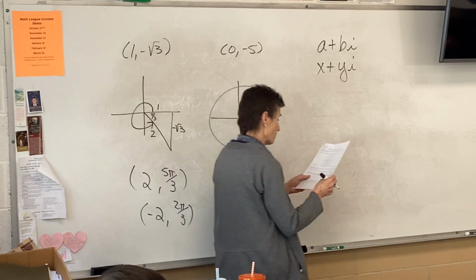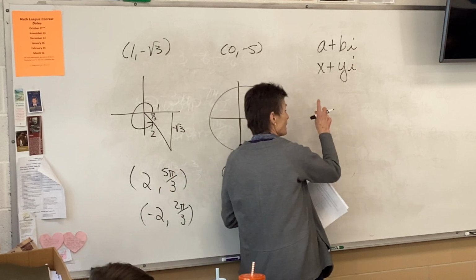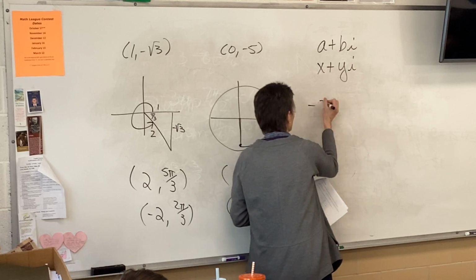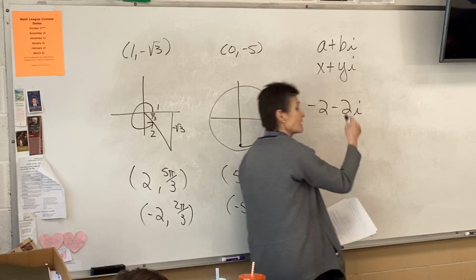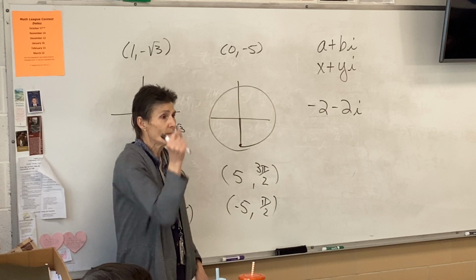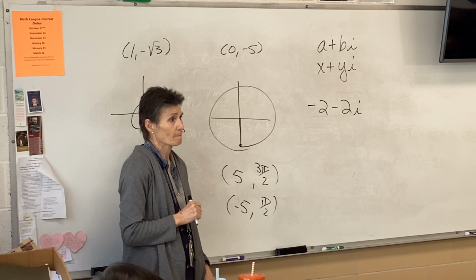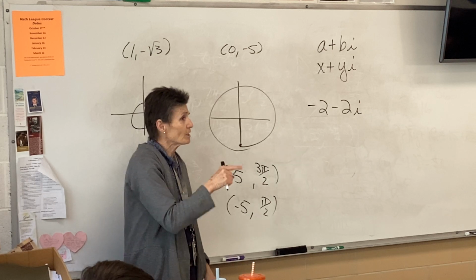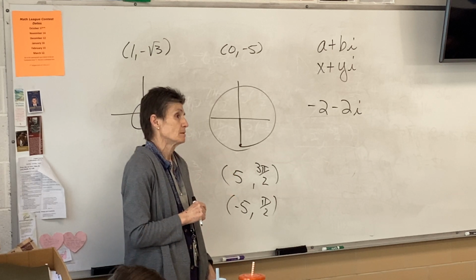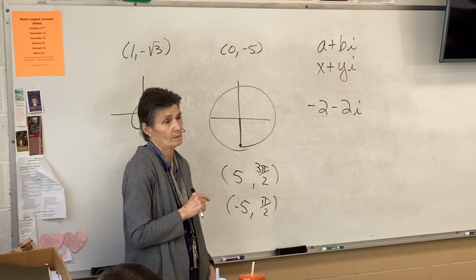Example 6: the complex number has rectangular coordinates -2, -2. So that's your number. The x is -2 and the y is -2. We're going to change that into polar form.